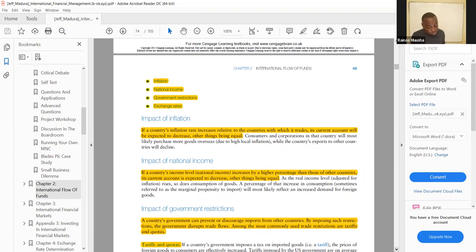That will result in the current account decreasing, because we're spending more money to buy foreign currency than what we are getting from our trading partners. So if our income levels go up, we're expecting more demand for international goods and services, so we're going to be demanding more foreign currency, which will result in a deficit.